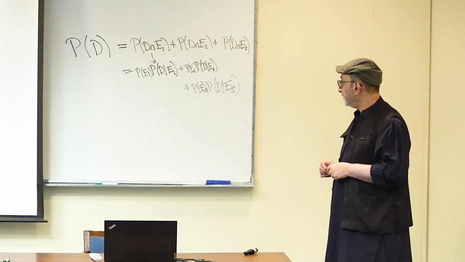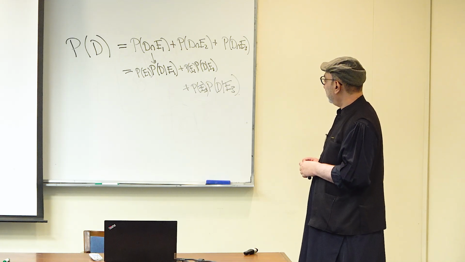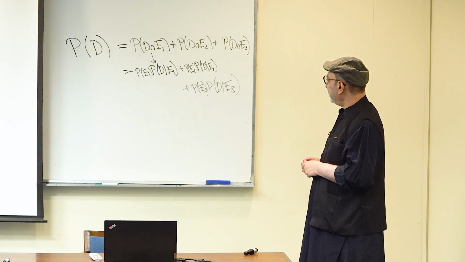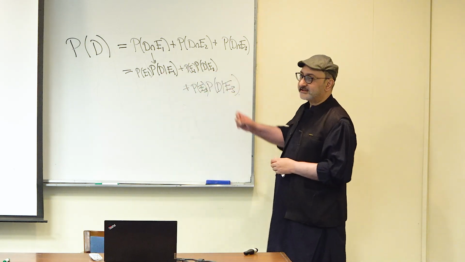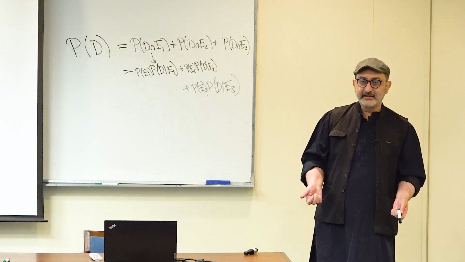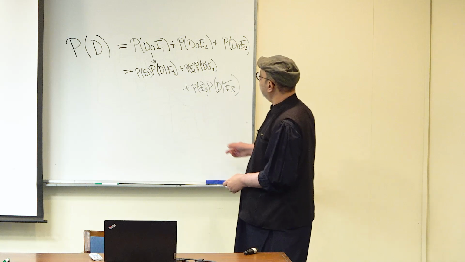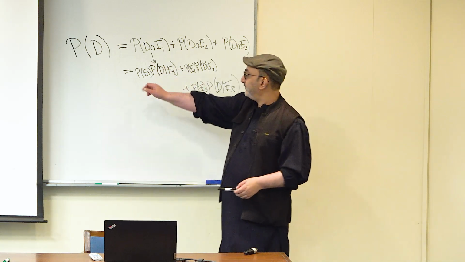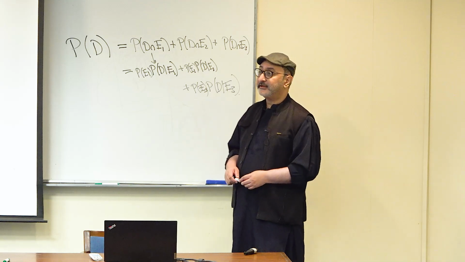Now, do I have... Well, okay, so I was given the conditional probabilities up front, and what else was I given? I was given how many brains came from E1, how many came from E2, and how many came from E3.